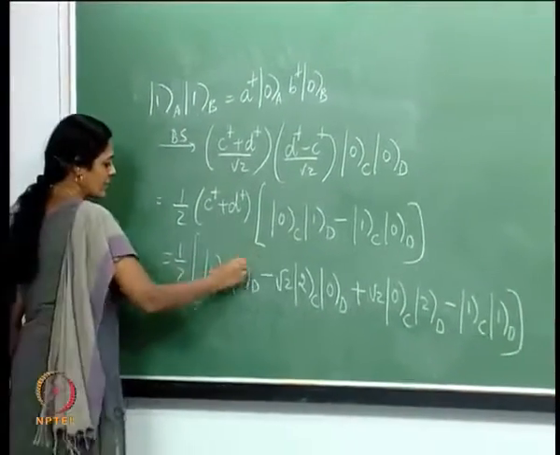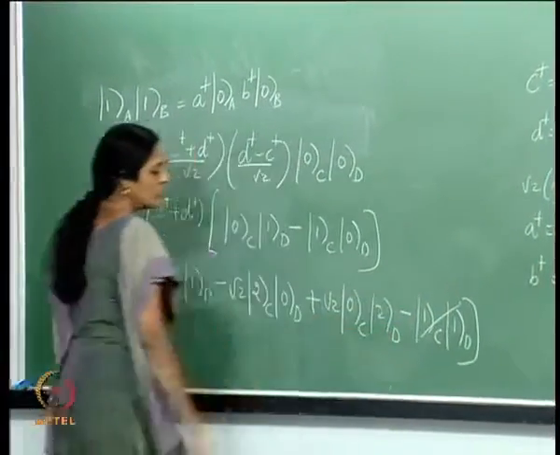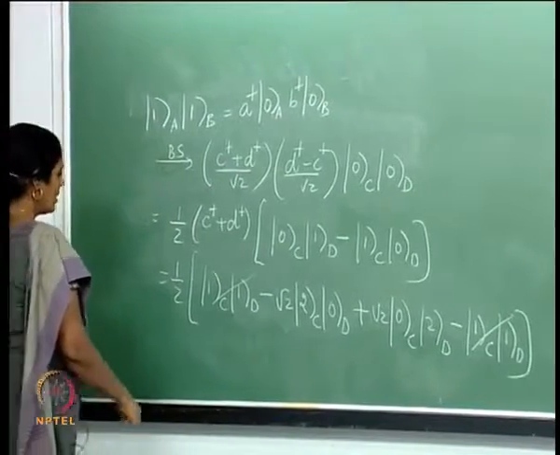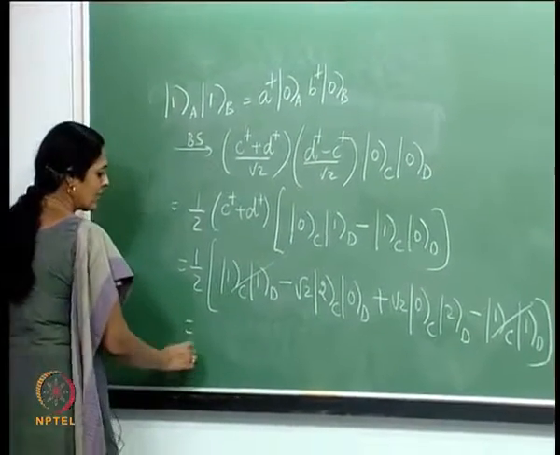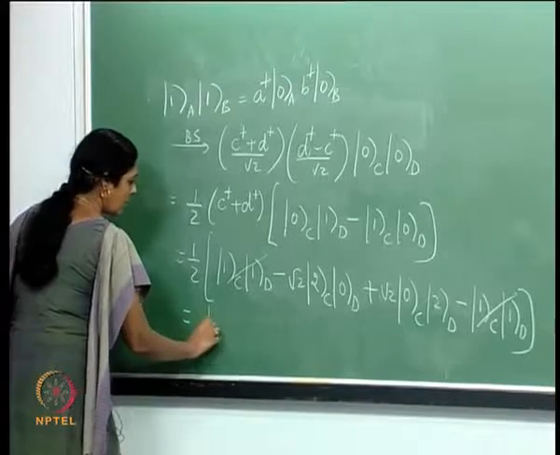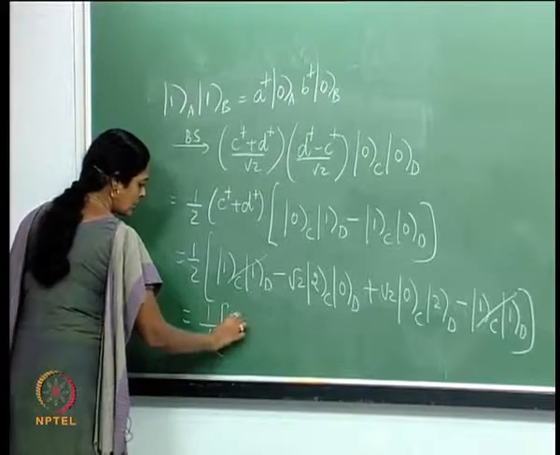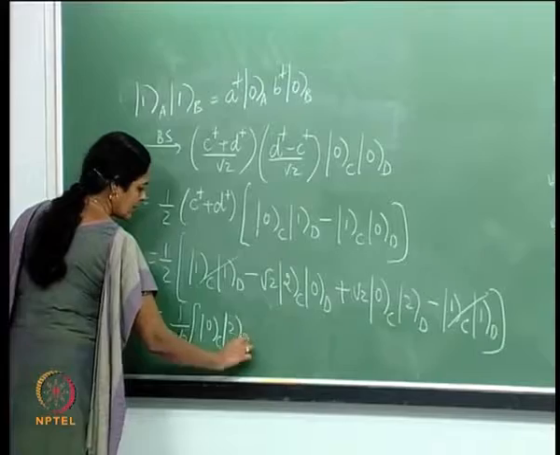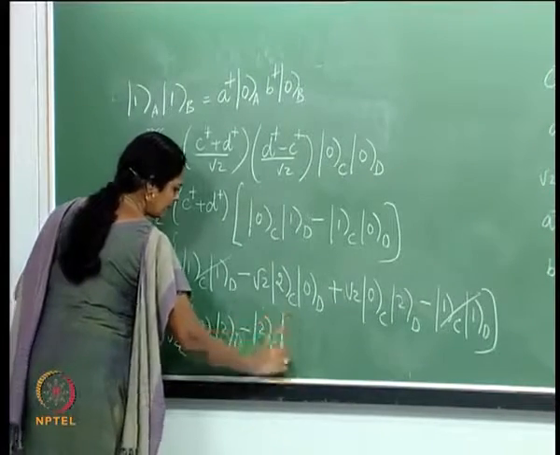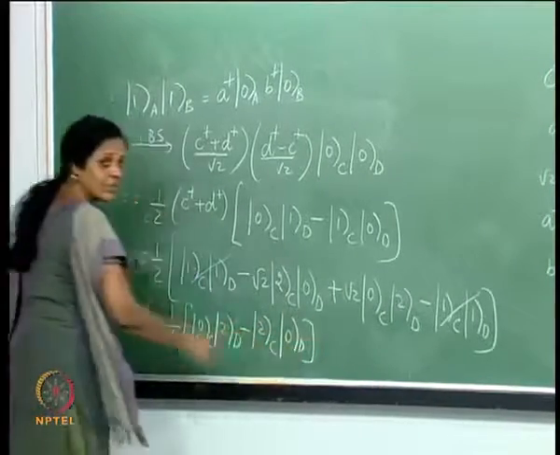There is a cancellation between these two terms, and I just have my final answer as 1 by root 2 0C 2D minus 2C 0D.